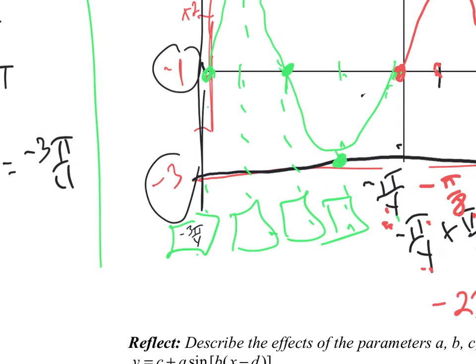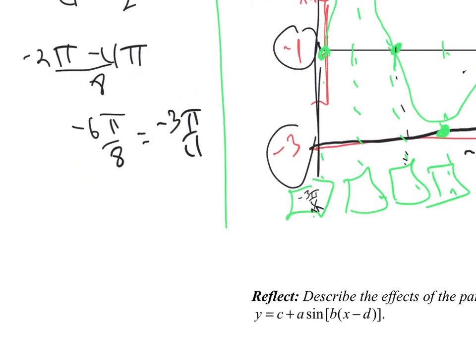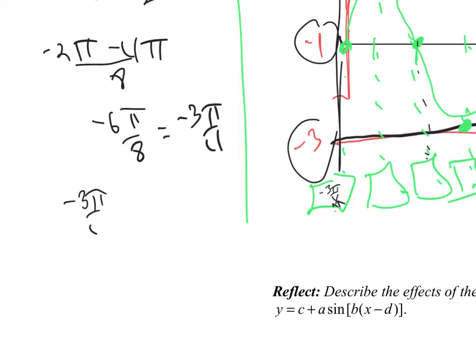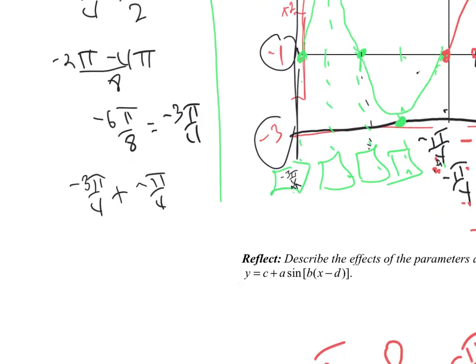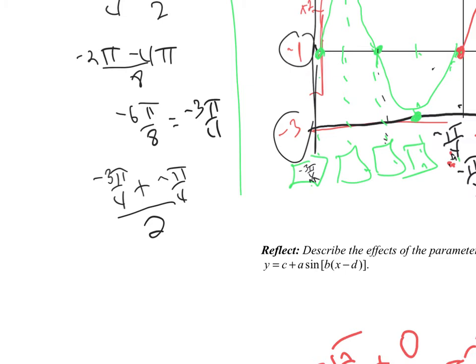Now, to get the number that's in the middle, here's the one that's in the middle. I take these two numbers, add them up and divide by 2. So I'm going to go negative 3 pi over 4 and add it to a negative pi over 4, wasn't it? Yes. Take that answer and divide by 2, which gives me the midpoint I was looking for right here, the x value, the angle. That turns into a negative 12 pi minus 4 pi divided by, oh wait a minute, that was kind of silly.